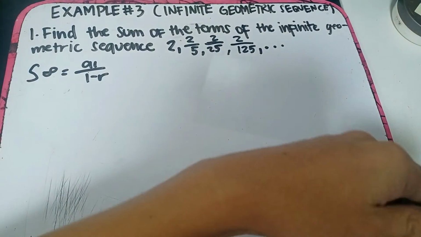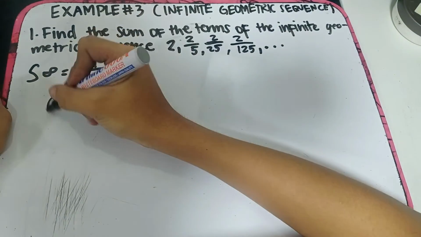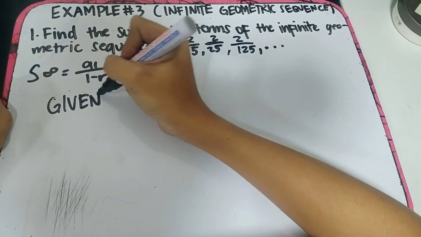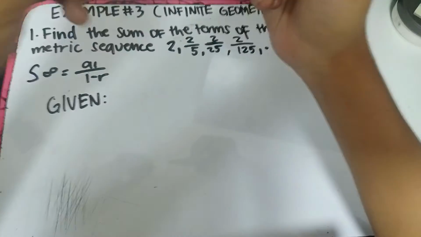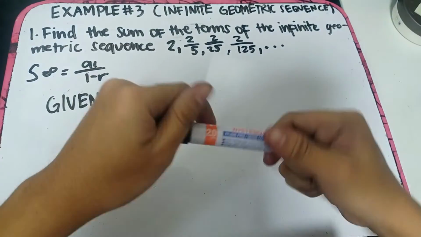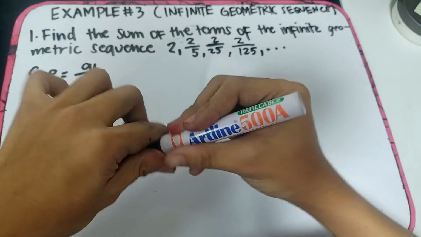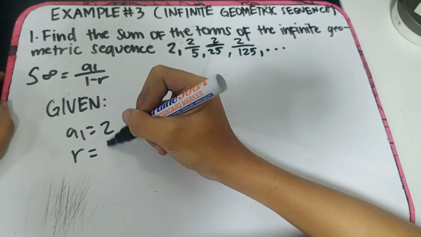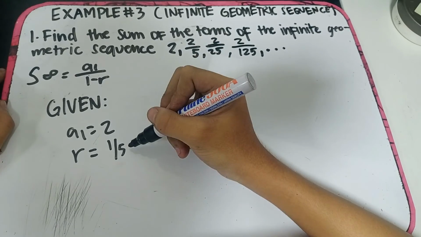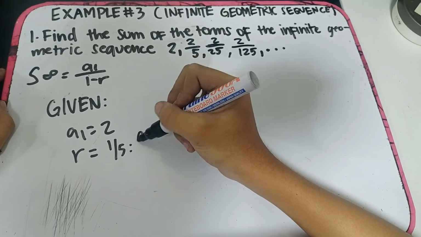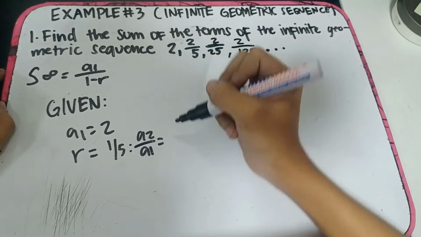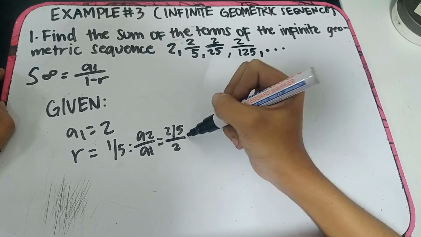But first, we're going to look for the given. As the statement says, the first term is 2, and the common ratio is 1/5, because a sub 2 over a sub 1 equals 2 fifths over 2 equals 1/5.